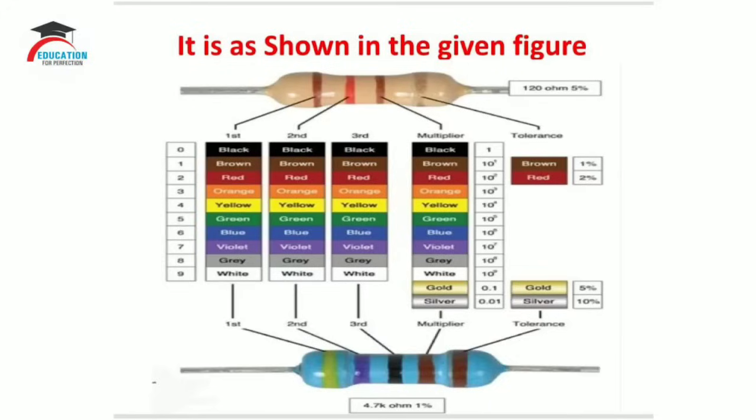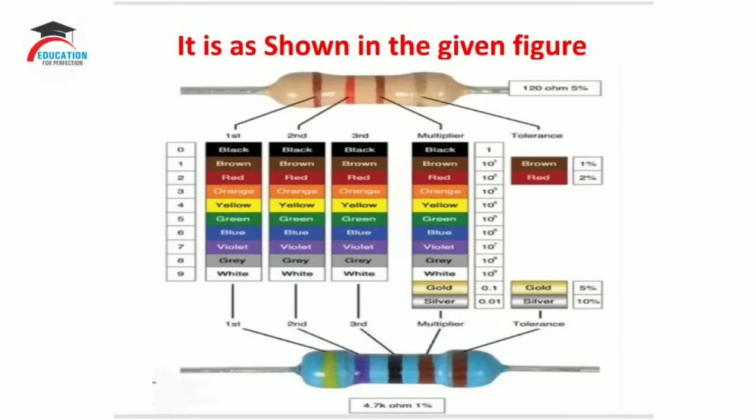Then what does this mean? This second color band is again shown in the second column of the color band system. So again, by following the previous sequence, we can see that the second color band, which is shown in red color, is denoting the number 2. By taking this number 2 along with the previous number 1, which was for the first color band, now we have two numbers, that is 1 and 2.